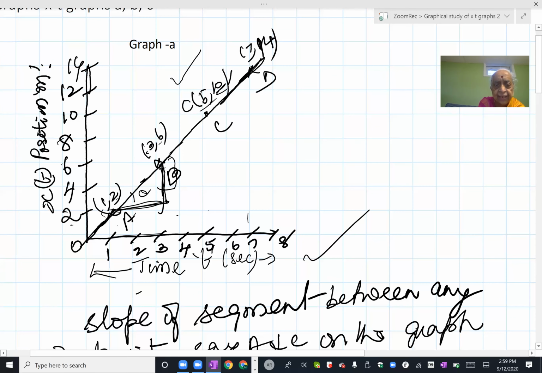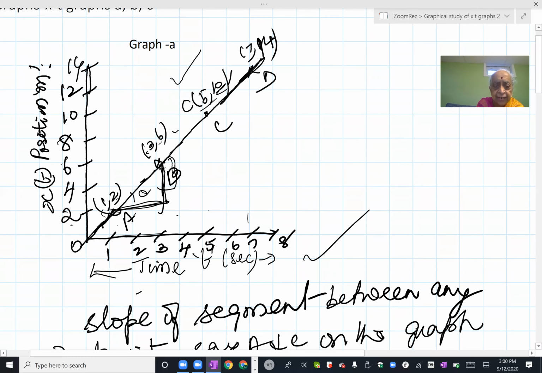Xb minus xa will give me the time during which this change in position occurred. Naturally, tan theta will be opposite side by adjacent side, which is yb minus ya by xb minus xa, which is 6 minus 2 by 3 minus 1. 6 minus 2 is 4, 3 minus 1 is 2, and therefore it will be 4 by 2, and there it will be 2.